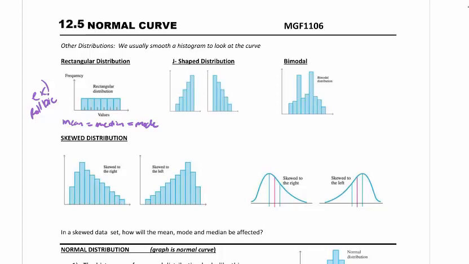The second one here is a J-shaped distribution. Based on the histogram, again, over here, you should have noticed I didn't draw it, but that was a rectangle. The J distribution is your exponential problems. So exponential growth, exponential decay. These happen a lot with populations.